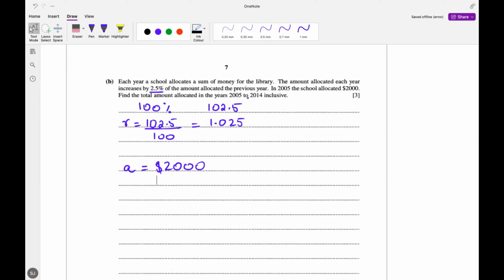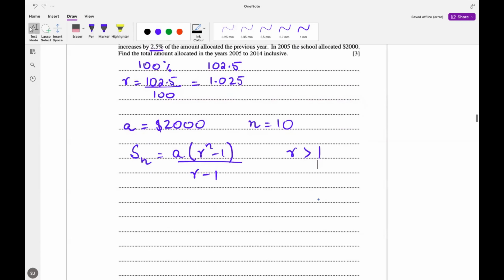However, if you also include the year 2005, we realize that the total number of years will be 10. So the value of n is 10. In this case, we have the common ratio. To find the sum, we know that the formula is a into r to the power n minus 1 upon r minus 1 when r is greater than 1.